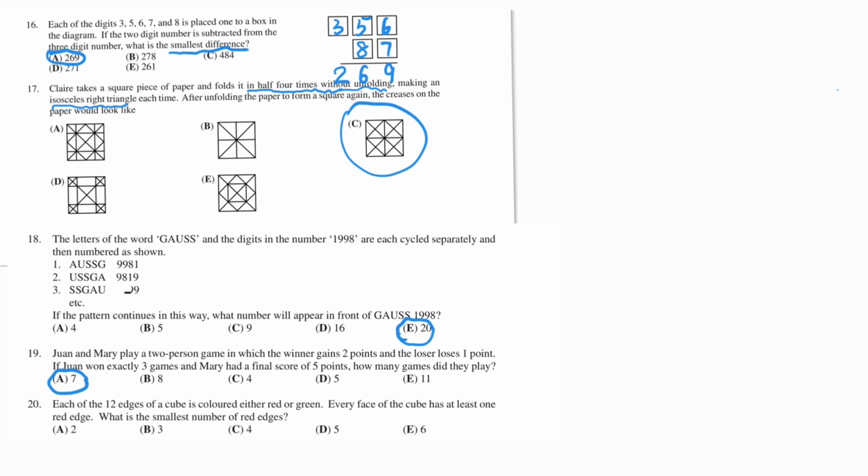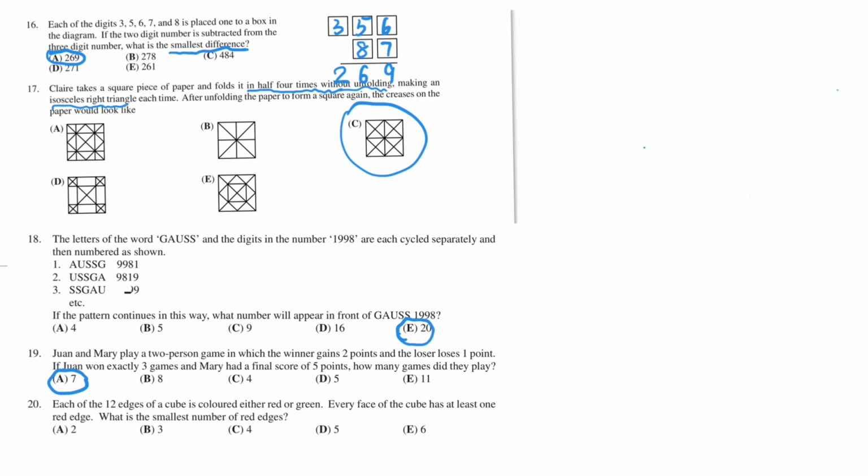Number 20. Each of the 12 edges of the cube is colored either red or green. Every face of the cube has at least 1 red edge. What is the smallest number of red edges? Now I draw the cube. The restriction is that every face of the cube has at least 1 red edge.